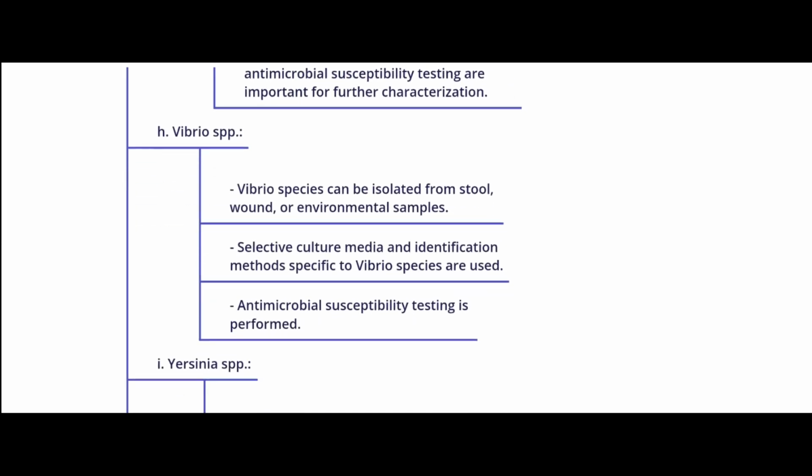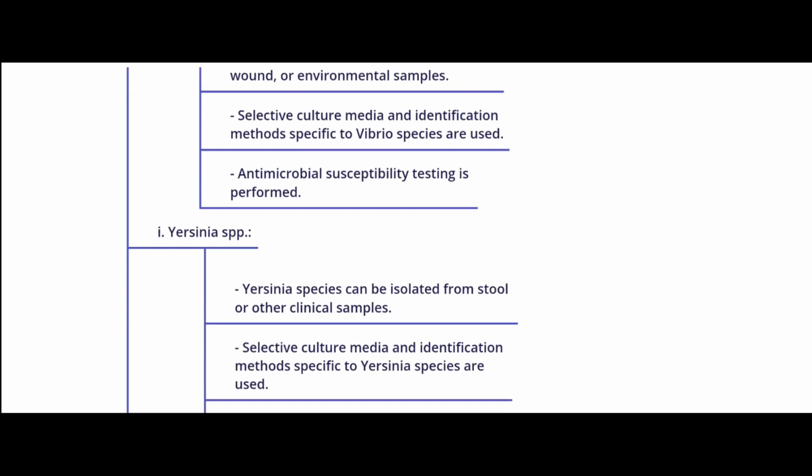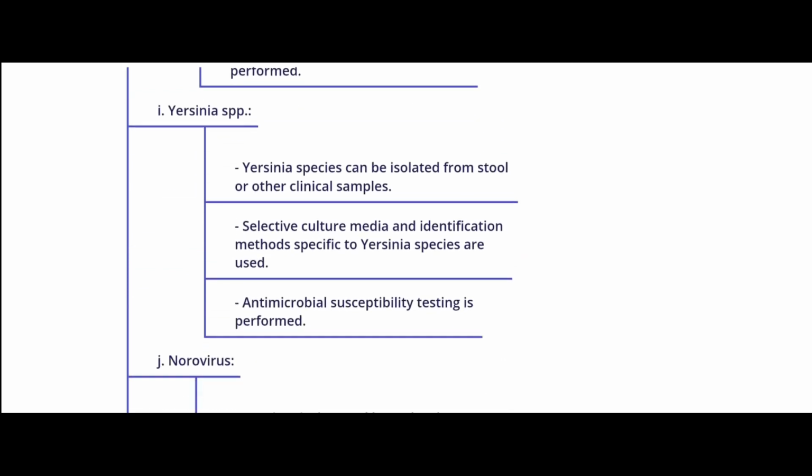Vibrio species can be isolated from stool, wound, or environmental samples, and antimicrobial susceptibility should be tested. Yersiniosis should be confirmed diagnostically, and we should check for resistance because our patients are almost always at high risk.